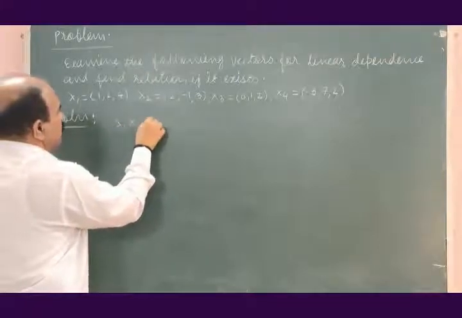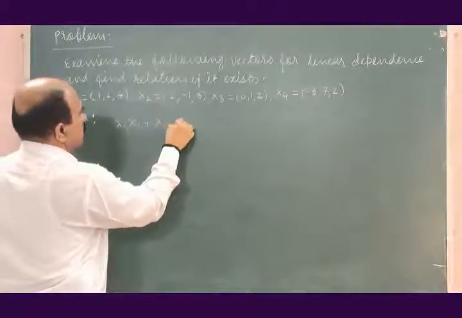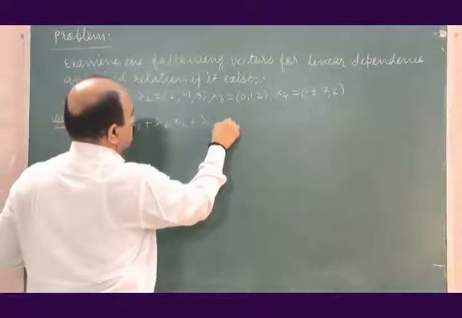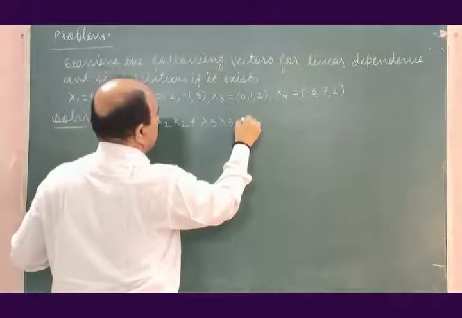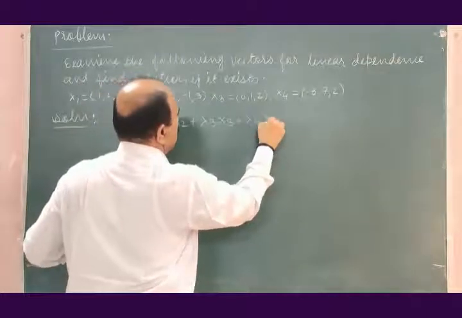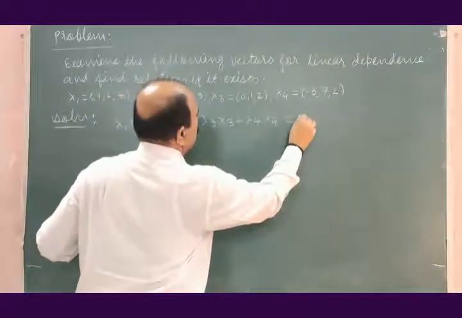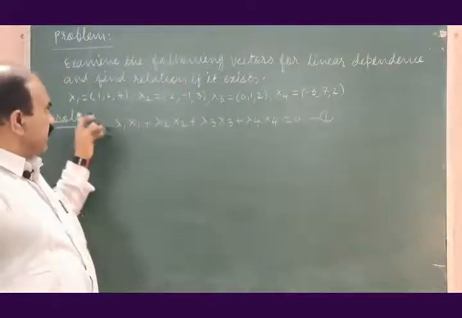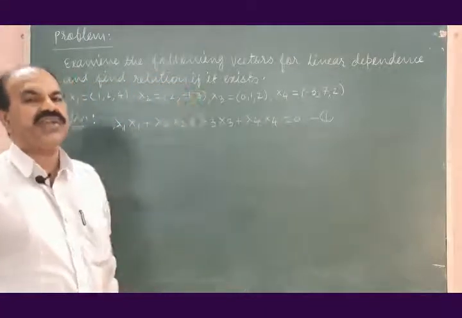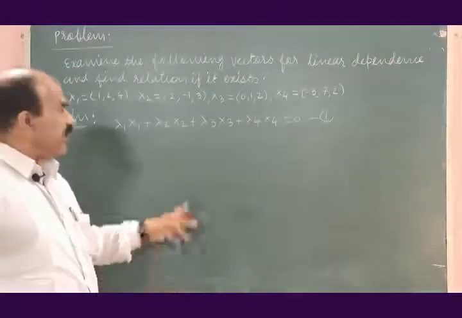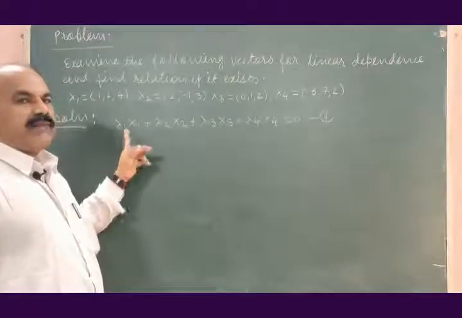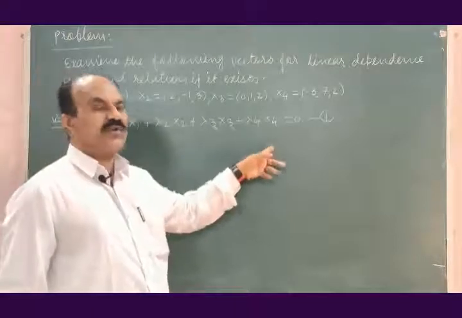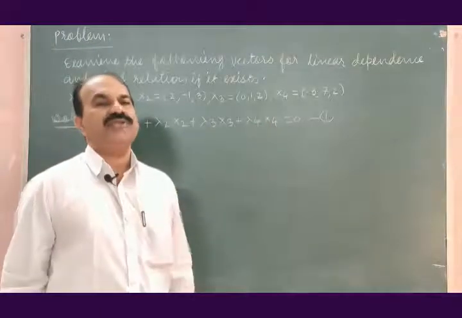Lambda 1 x1 plus lambda 2 x2 plus lambda 3 x3 plus lambda 4 x4 is equal to 0, equation 1.